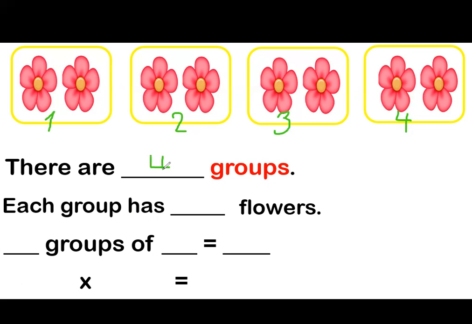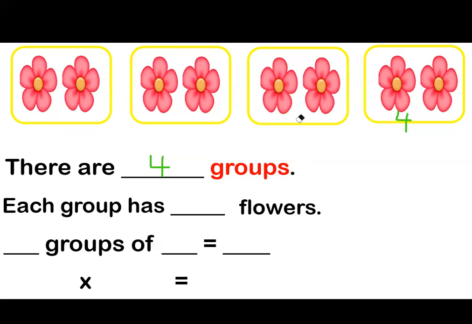Okay, so there are 4 groups. Everybody say, there are 4 groups. 1, 2, 3, 4. 4 groups. Each group has how many flowers? So let's see.